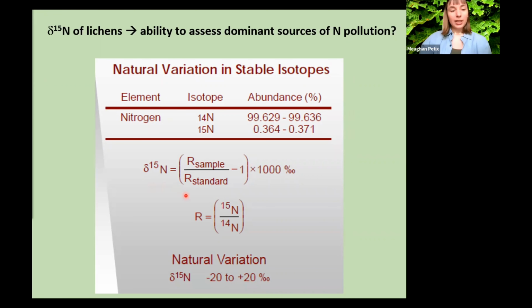And essentially, we're looking at a ratio of ratios. So R is the ratio of the heavier to light isotope, or 15N over 14N, and then the nitrogen stable isotope composition of a sample is the R of the sample over the R of a standard, which for nitrogen is air, which is 0 per mil, minus 1 multiplied by 1,000.